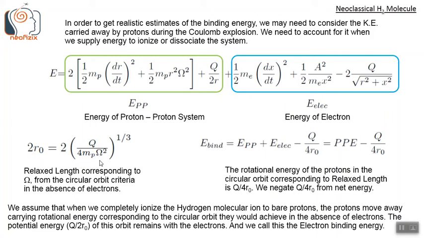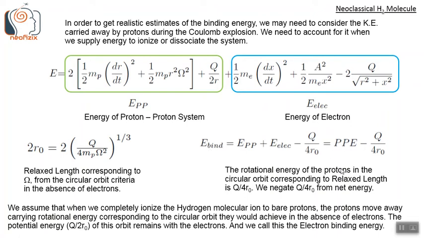They will achieve a certain separation length. We call that the relaxed length, because there are no electrons affecting the system. So the relaxed length corresponding to this big omega can be obtained from the circular orbit criteria shown here. So this is in the absence of electrons.